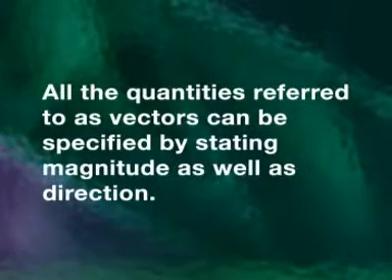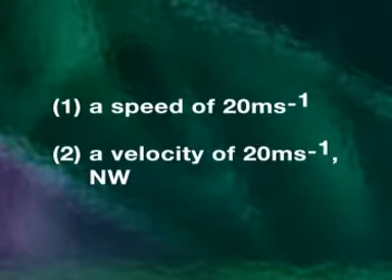All quantities referred to as vectors can be specified by stating magnitude as well as direction. Let us take some of them for illustration. First, let's consider 1. A speed of 20 meters per second.